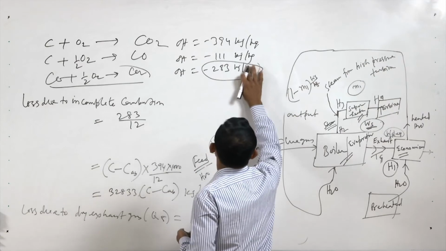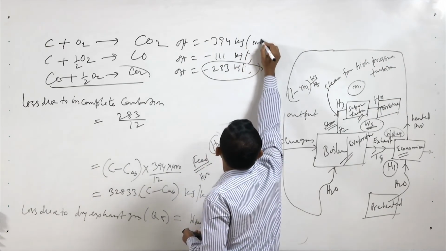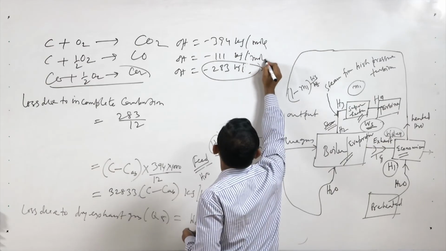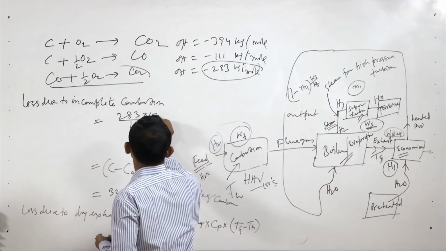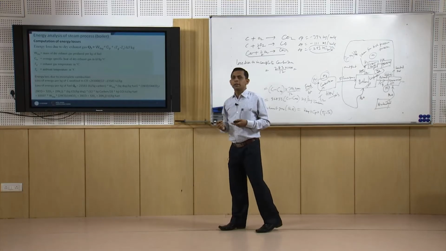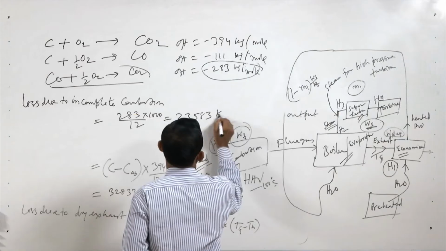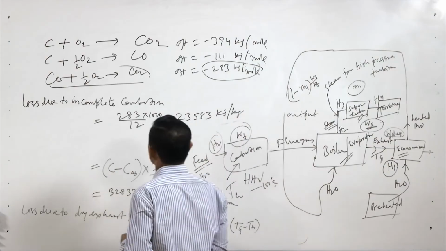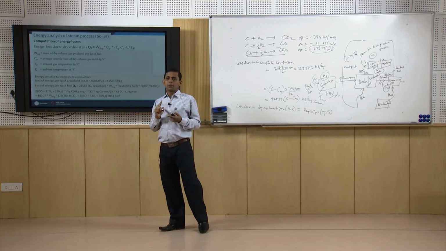This is per mole, and this is also per mole. So, multiplying by 1000, that is equal to 23583 kilojoule per kg. So, that is due to loss of carbon.